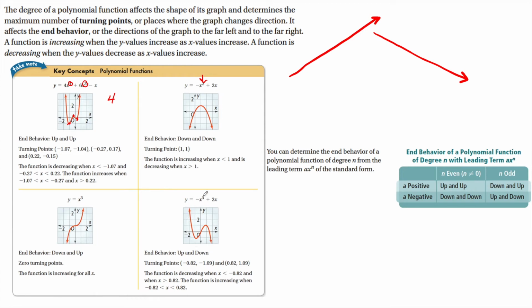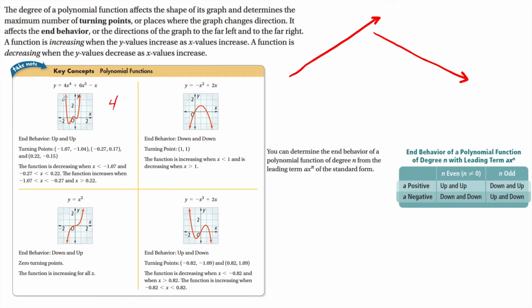Whereas the other cubic, the bottom right-hand graph, you can blatantly see there's one turning point right there because it's going down, then back up. And then there's another turning point right there because it's going from up to down. All right. So the maximum number of turning points that you can have is solely based off the degree minus 1.